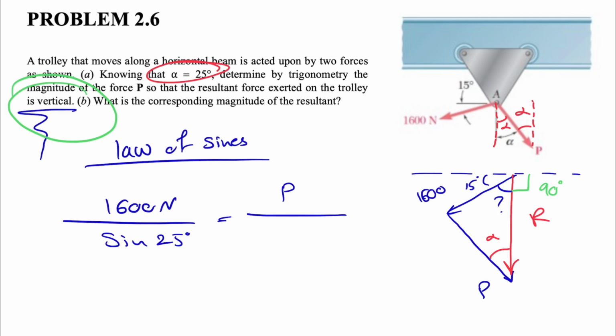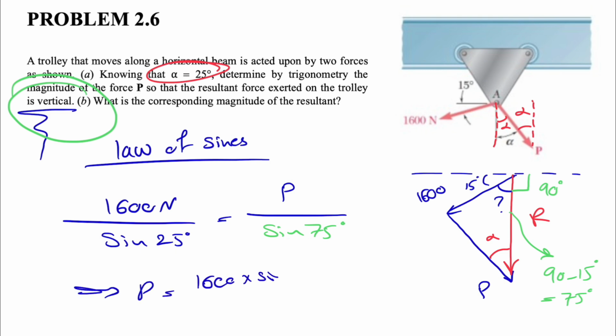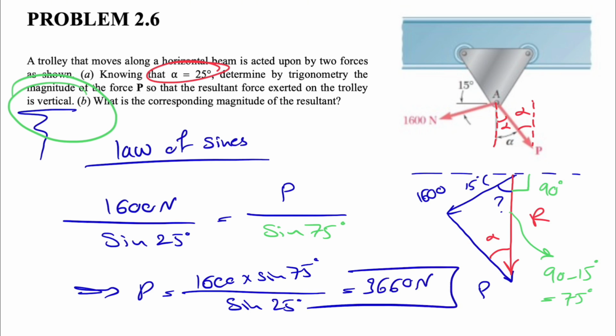To figure out this angle, we simply have 90 minus 15 degrees, which is 75 degrees. So over here we will have the sine of 75 degrees, and we can find P from here, which will be 1600 times sine of 75 degrees divided by sine of 25, and this gives us 3660 Newton. This is the answer for part A of the question, where we need to find the force P.